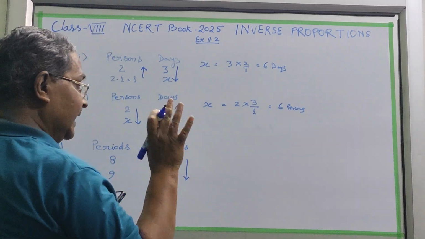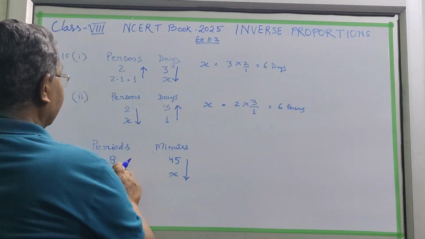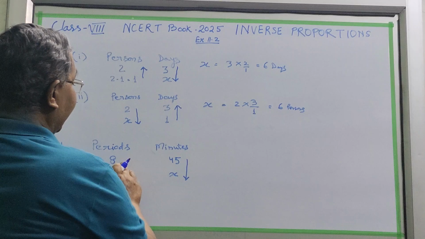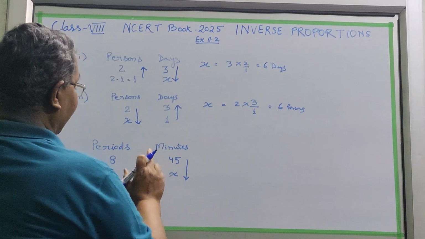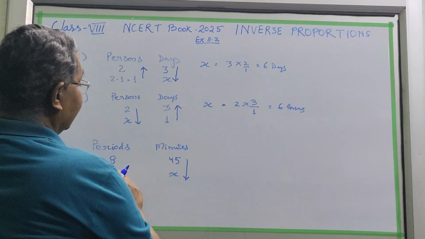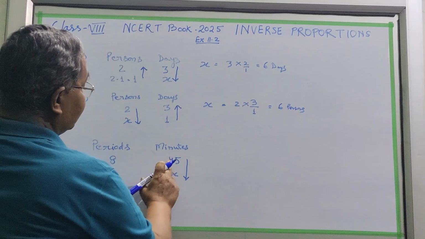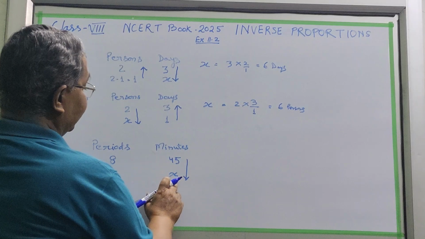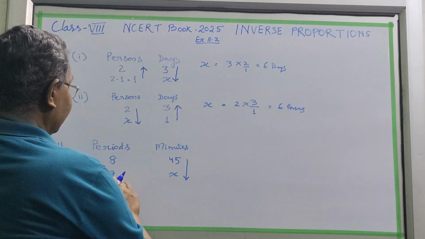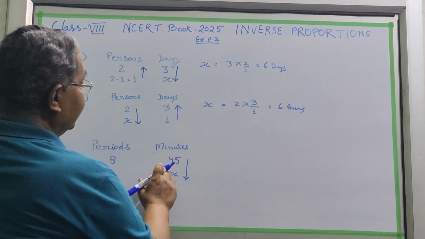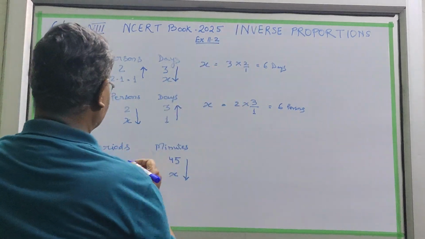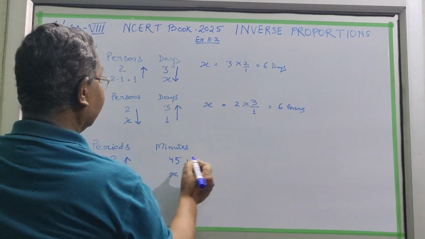Here the day time is limited, so if we take 8, it comes to 45. Now if we increase the periods, naturally the number of minutes per period will reduce. So if we increase 9, it will decrease. So it is a case of inverse proportion. The arrow will be in the reverse direction.